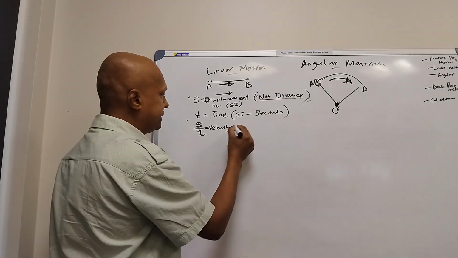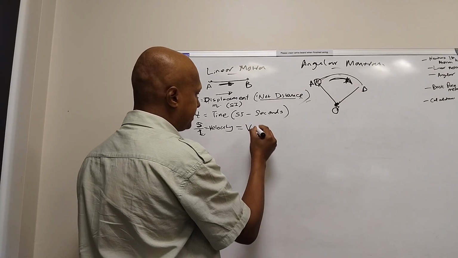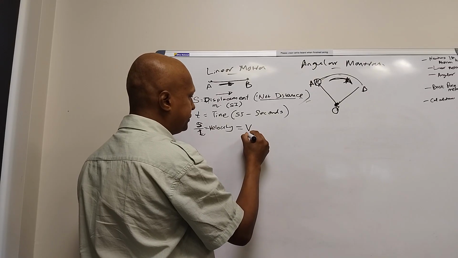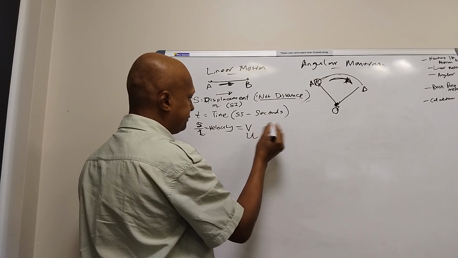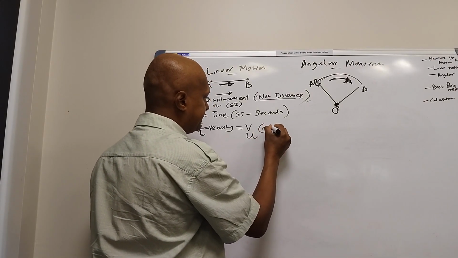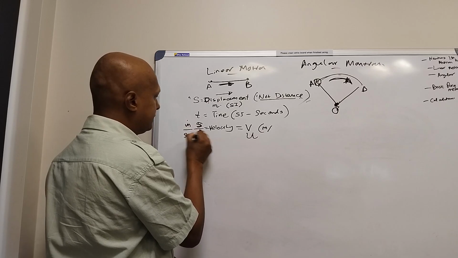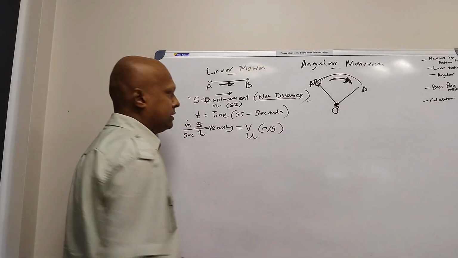Velocity is V, or sometimes for initial velocity we use U, and the unit for that is meters divided by second, so meters per second.